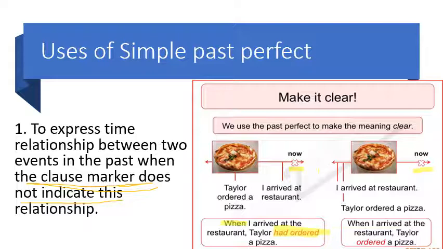Therefore, we need the past perfect in the first sentence to show that ordering the pizza happened before my arrival at the restaurant. Like I said, when your clause marker is when, it doesn't indicate the time relationship. It doesn't indicate which action happened before the other. We'll show this clearer when we compare the simple past with the past perfect.